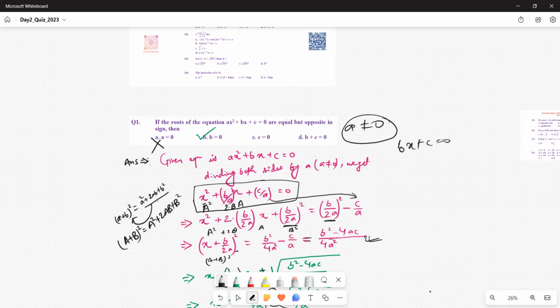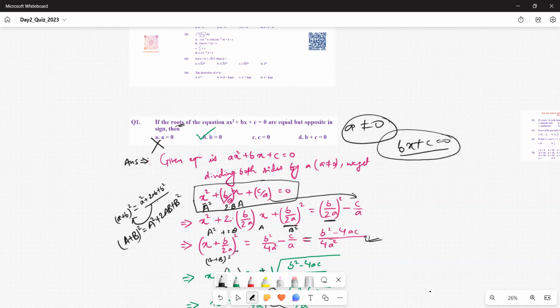This is not a quadratic equation. Bx plus c equal to 0 is the equation of a straight line. It will represent only one line. But the question is saying roots, plural. So a cannot be 0, because when a is 0, there will be only one value of x.